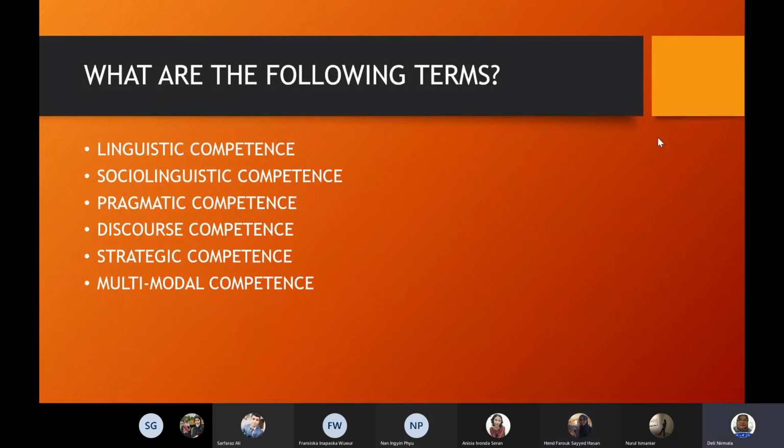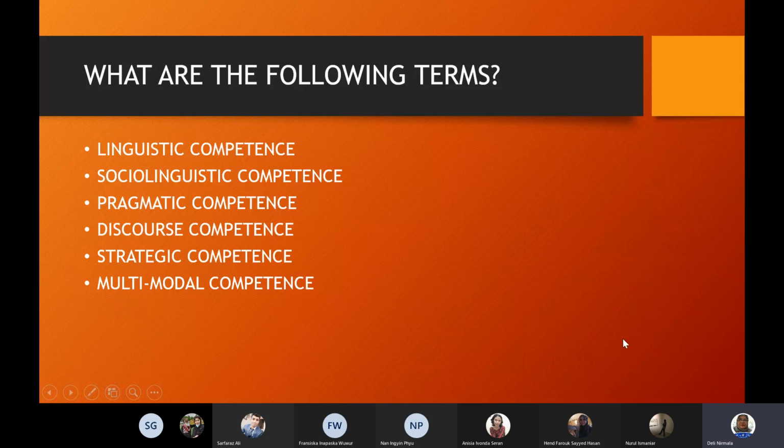For example, in linguistic competence, what do you want to reach? What do you mean by linguistic competence here? You can break it down into smaller terms or smaller concepts. Maybe we can start one by one, from linguistic competence.